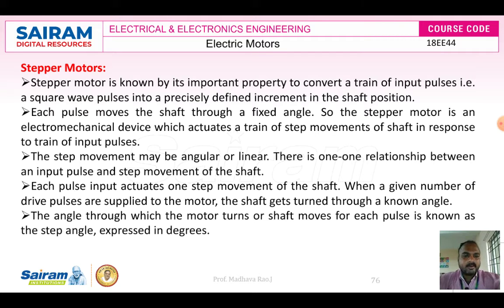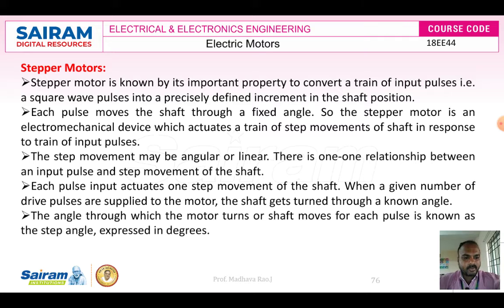Each pulse moves the shaft through a fixed angle. So each square wave pulse will move the shaft by a fixed angle. The stepper motor is an electromechanical device which produces a train of step movements of the shaft in response to a train of input pulses. The step movements may be angular or linear.